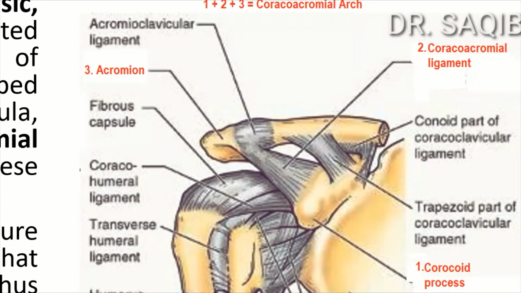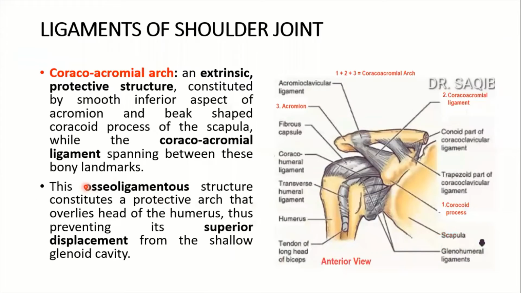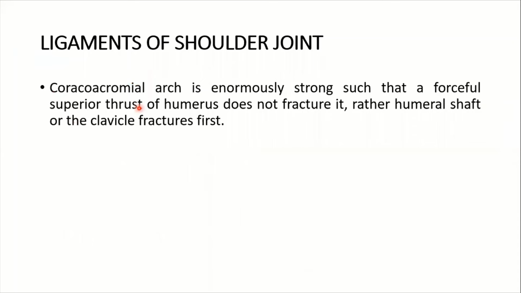Right, it is a secondary socket of the shoulder joint, and it supports it. It's a very big support of the shoulder joint. This osteoligamentous structure constitutes a protective arch. I told you already that it overlies the head of the humerus, thus preventing its superior displacement from the shallow glenoid cavity. Coraco-acromial arch is enormously strong, such that a forceful superior thrust of the humerus does not fracture it.